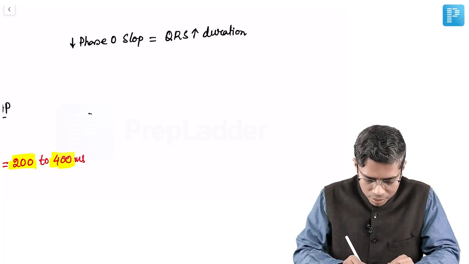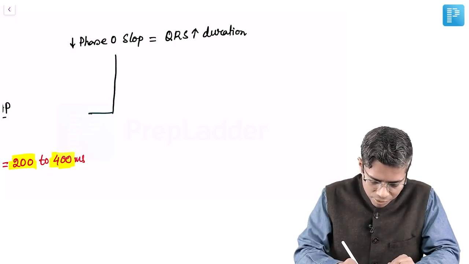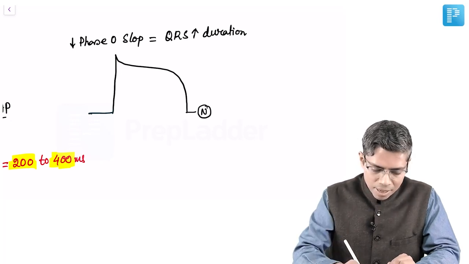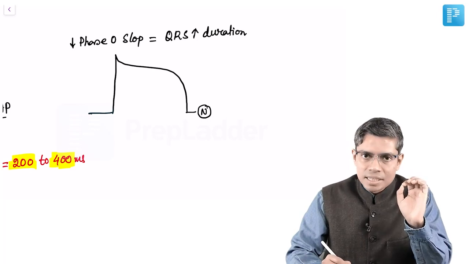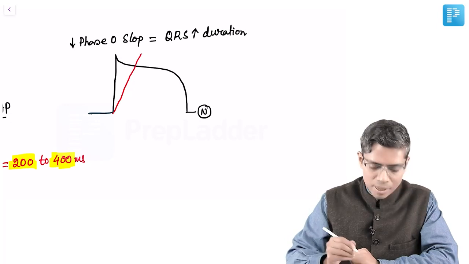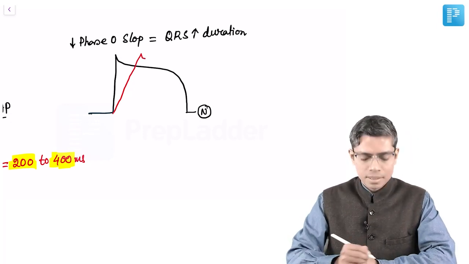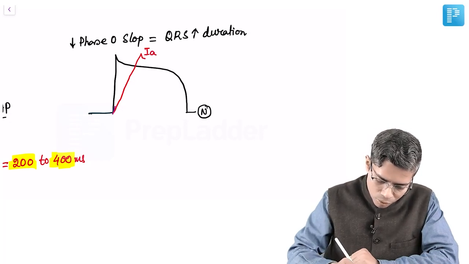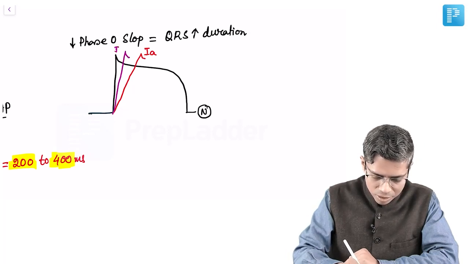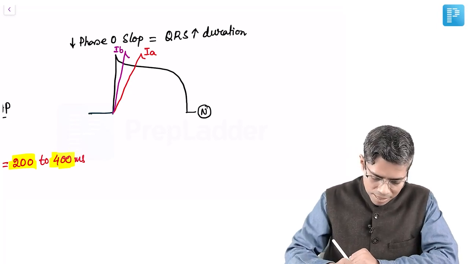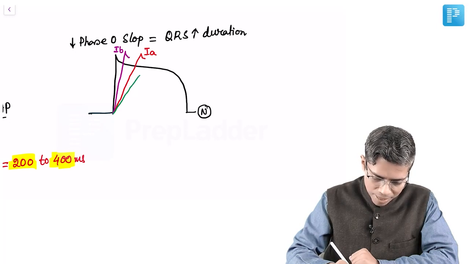So if I draw a normal action potential like this, try to understand. Suppose this is the normal action potential. If I give a class 1 anti-arrhythmic agent, suppose I am giving class 1A, it will reduce the slope of the action potential like this, right? So this is 1A. Similarly, 1B also reduces the slope of phase 0, but less than 1A. And 1C, all of you know, decreases the slope of phase 0 to a maximum.